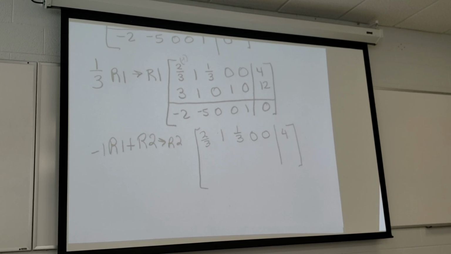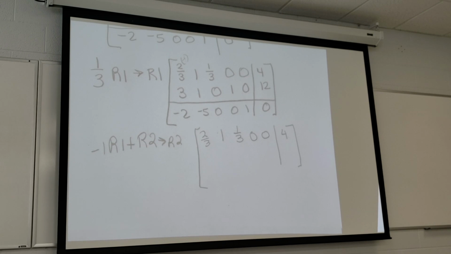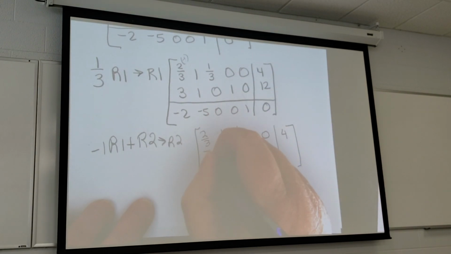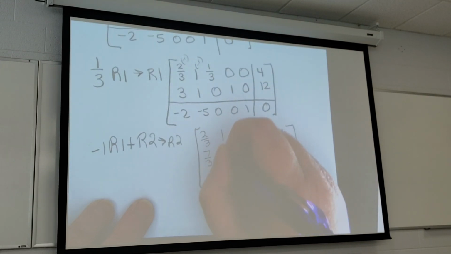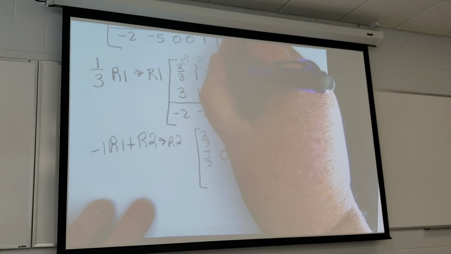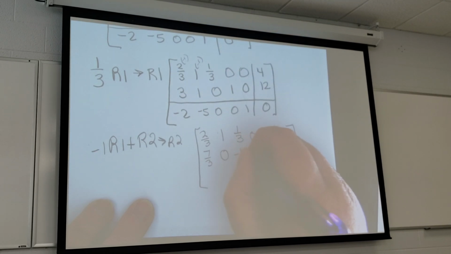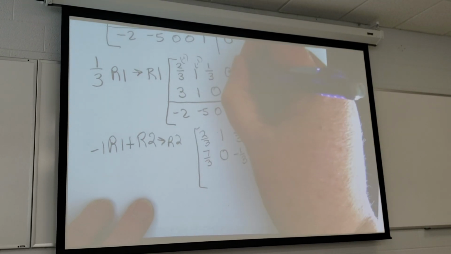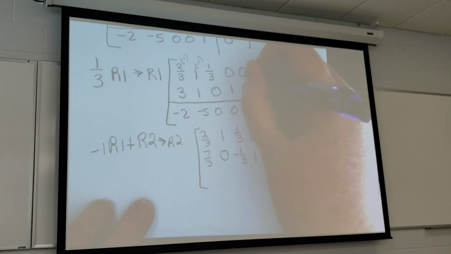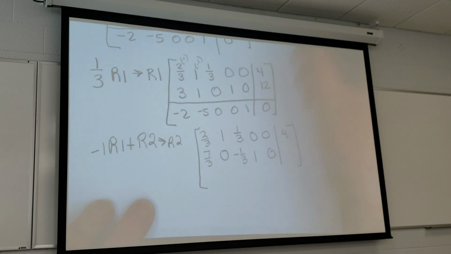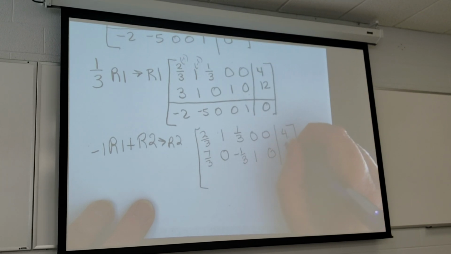And 3 is the same thing as 9 divided by 3, it is 7/3. Row 1 isn't gonna change. -1 plus 1 is 0. -1/3 plus 0 is -1/3. -1 times 0 is 0 plus 1 is 1. These are all 0. -4 plus 12 is 8.